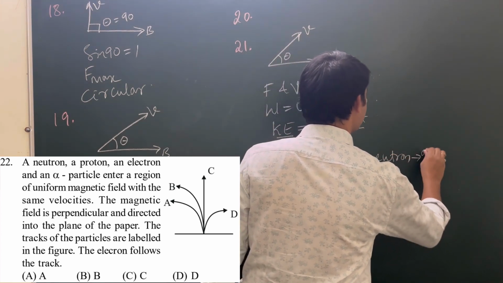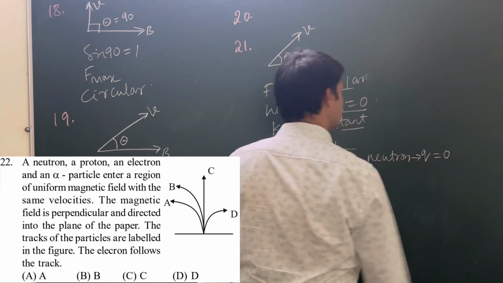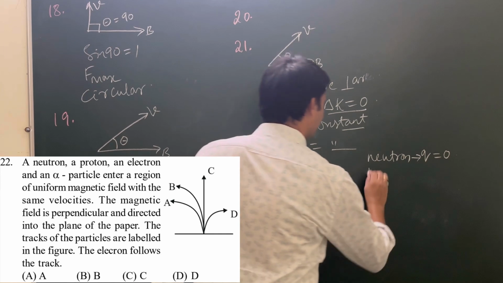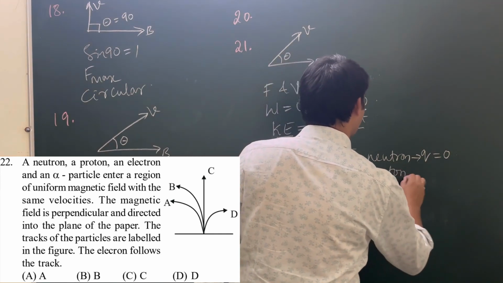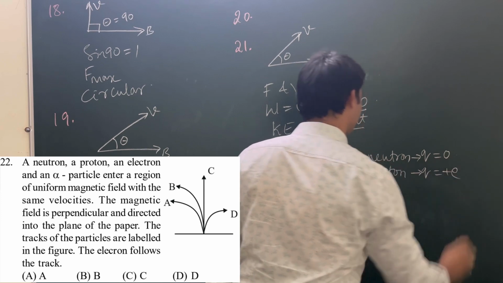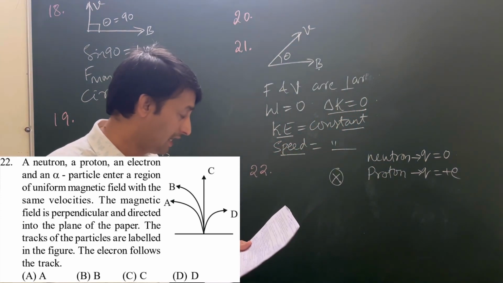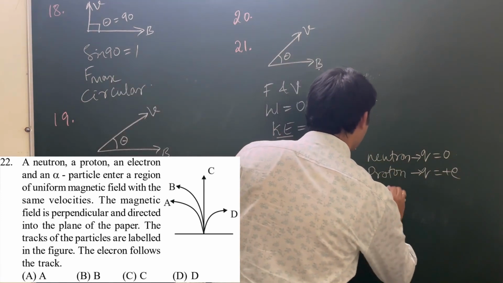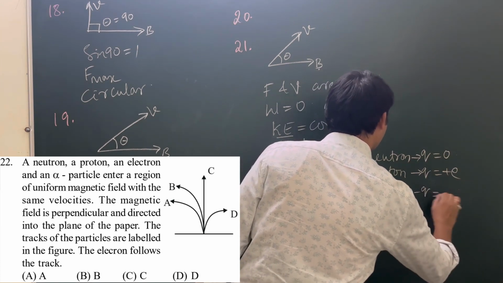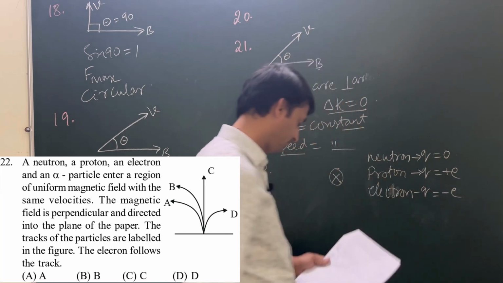Neutron is electrically neutral, the charge of neutron is 0. They have given a proton. The charge of proton is equal to plus e. They have given an electron. The charge of electron is equal to minus e.